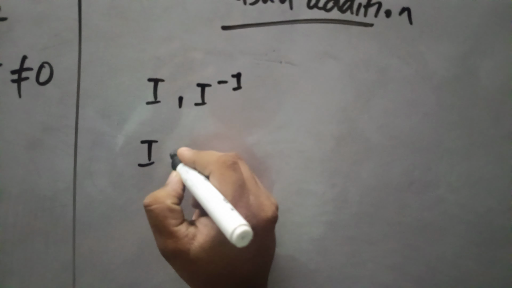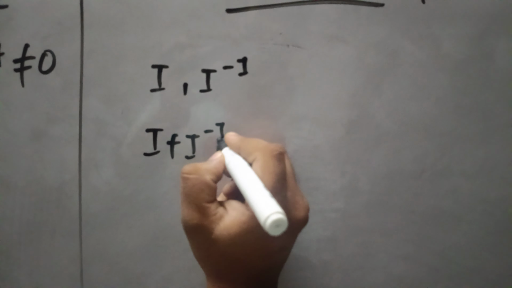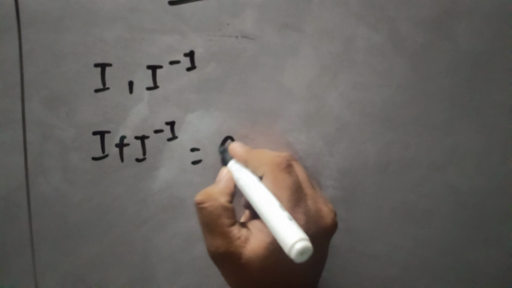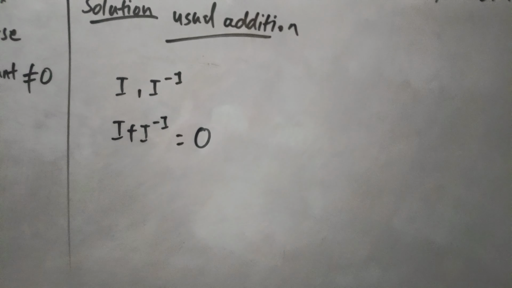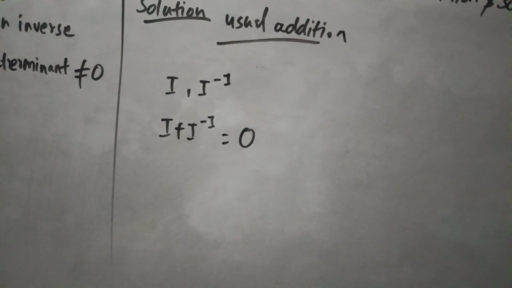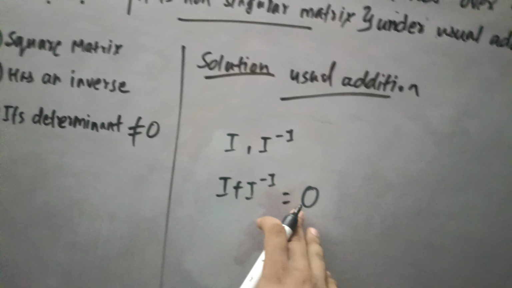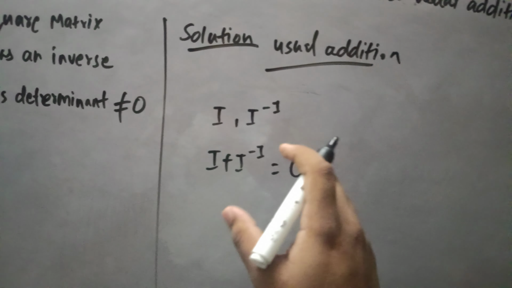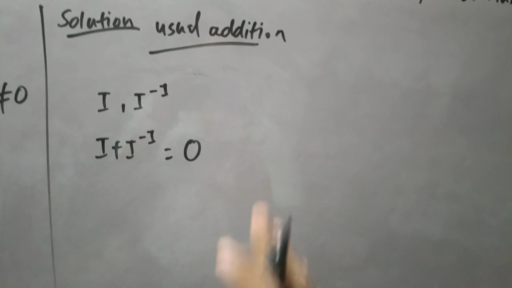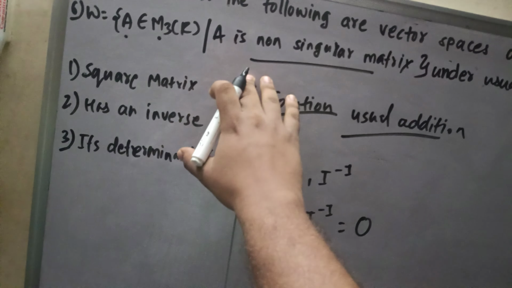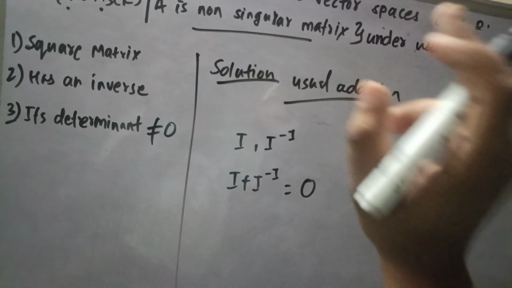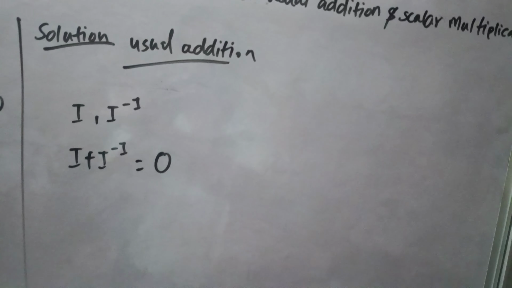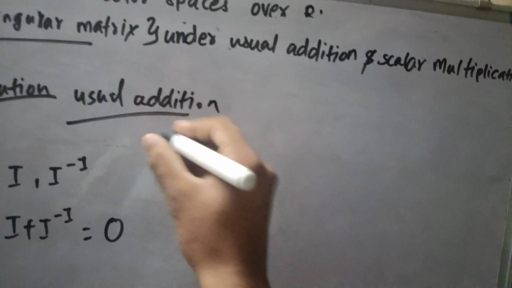When we add those, we will get a zero matrix. Since 0 has its determinant as 0, it is a singular matrix, and since it is given in the question itself that A should be non-singular, this does not satisfy our usual addition condition.